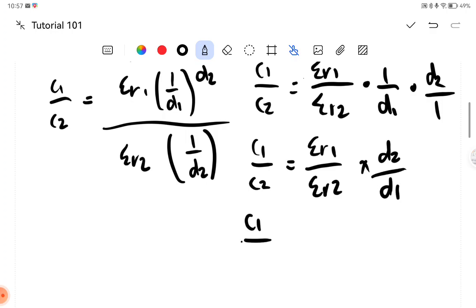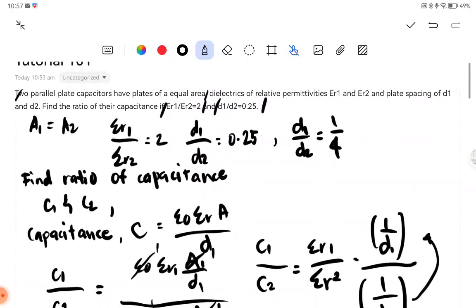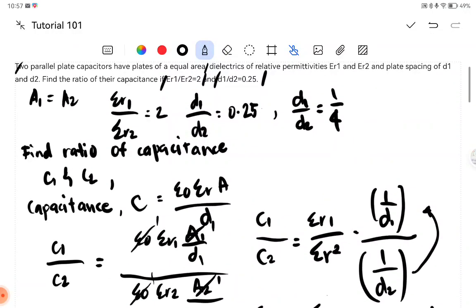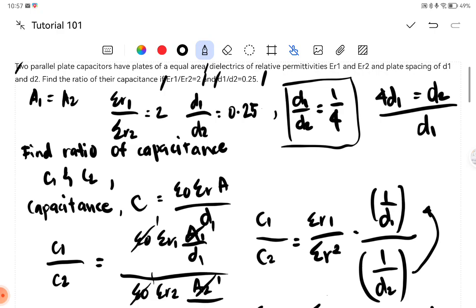So, therefore, C1 over C2: ER1 over ER2, its value is equivalent to 2. And then D2 over D1, we don't know. So we have here what is given. By manipulating, we have 4D1 equivalent to D2. Therefore, D2 over D1 is equivalent to 4.